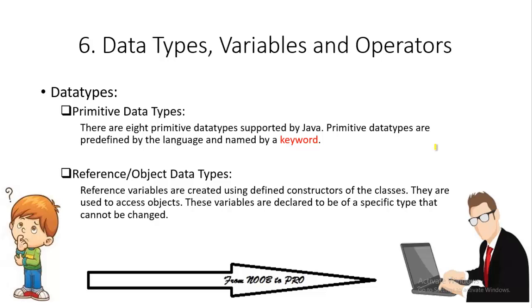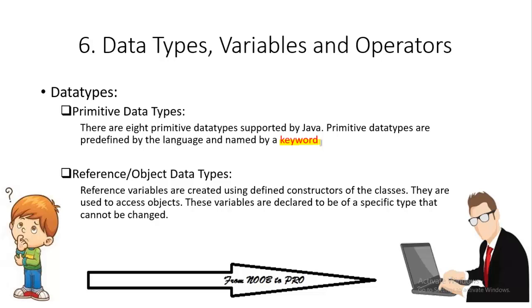Let us see the types of data that we have. The first type of data is primitive data types. These are the data types which let us handle the number and alphabetic types of data. Also, these are predefined by the language and named by a keyword. Okay, so what is a keyword?